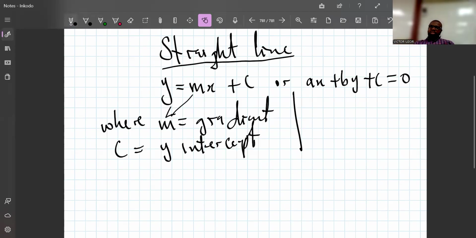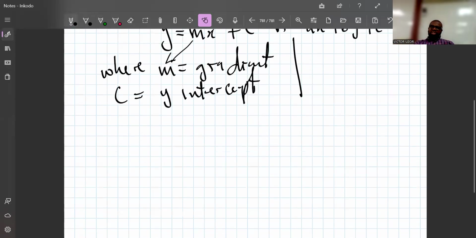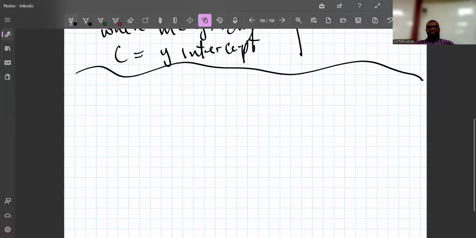So that is it. Now, finding the equation of a straight line, there are actually three formulas that I practically use in finding it. I divided it into three. I call the first formula the one point formula.